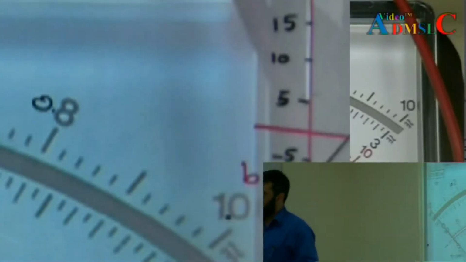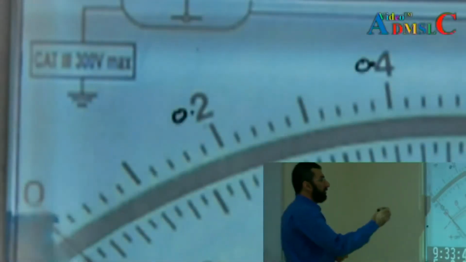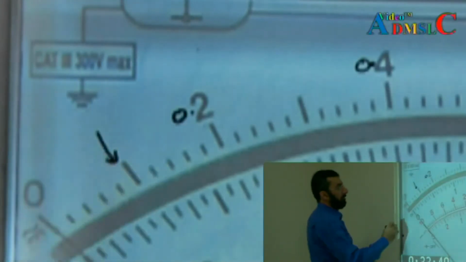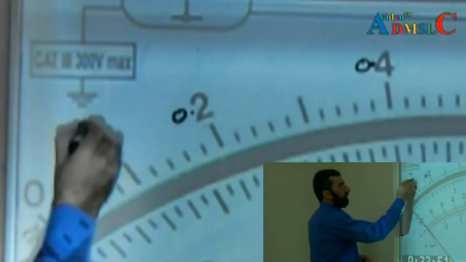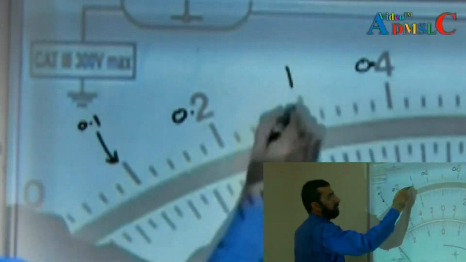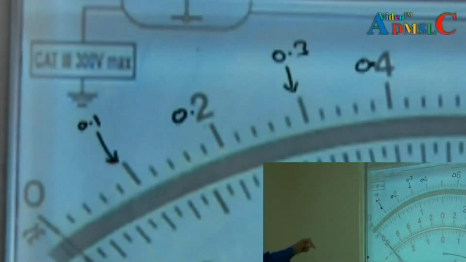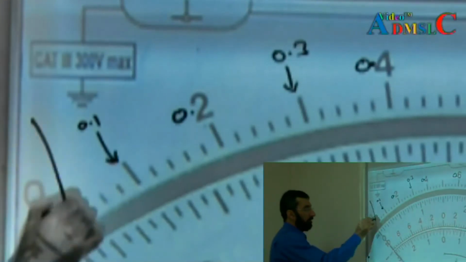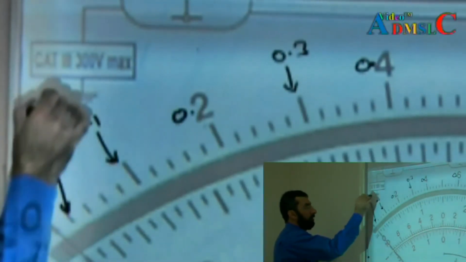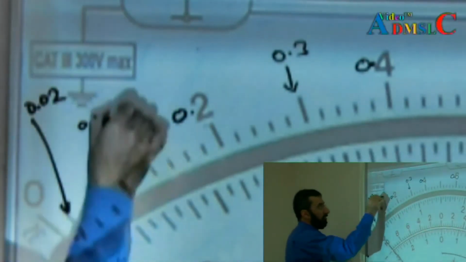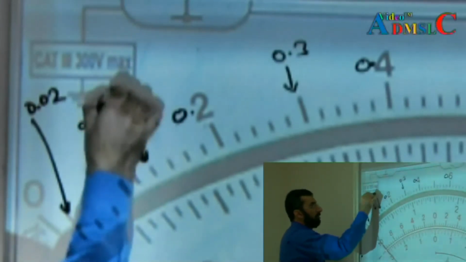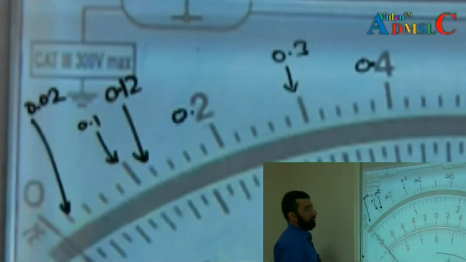Get the point? If this is 0.2, then this is 0.1, and this is 0.3. This is 0.02, and this is 0.12.